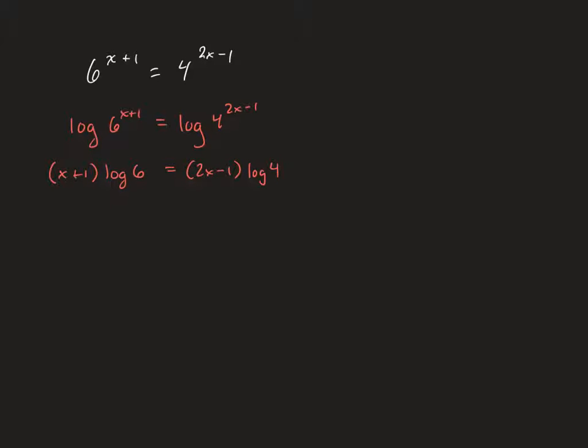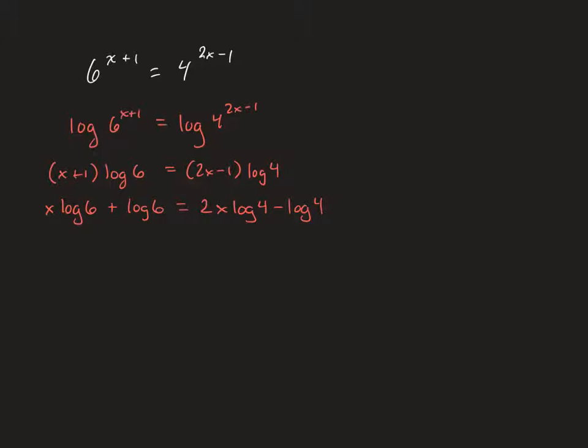Now log 6 and log 4 are just numbers. We're going to leave them as those expressions for the moment, but treat them as if they're numbers. So the first step is that I basically have two parentheses multiplied by numbers, so I'm going to distribute. I get x log 6 plus 1 times log 6 equals, and then distributing on the other side, 2x log 4 minus 1 times log 4.